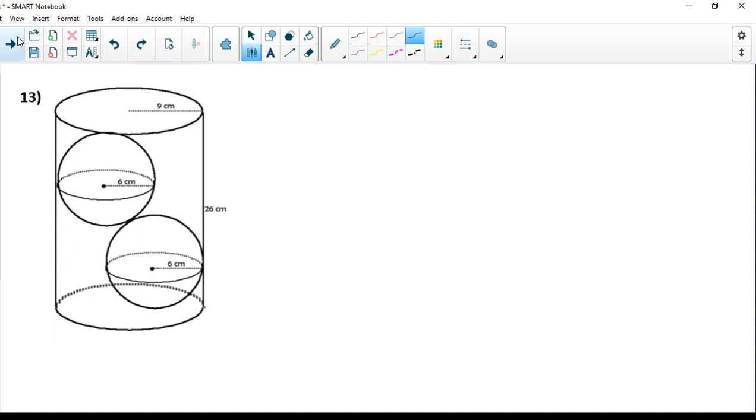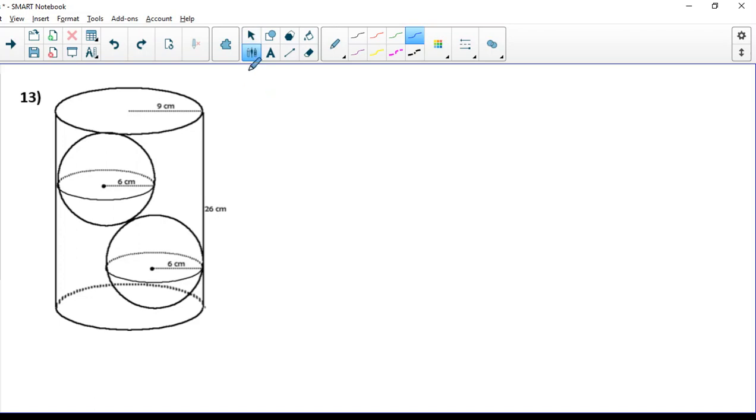Okay, so let's try a really difficult one now. Here I have a cylinder, but it's hollow, minus these two spheres. So I have to figure out what's the volume of the cylinder and then subtract these two spheres. So the first thing I'm going to do is calculate the area of the base times the height.